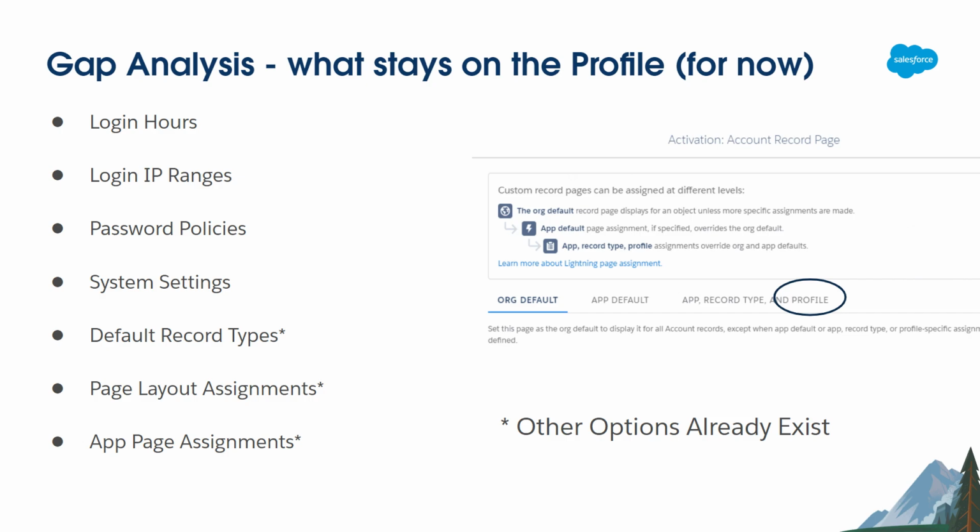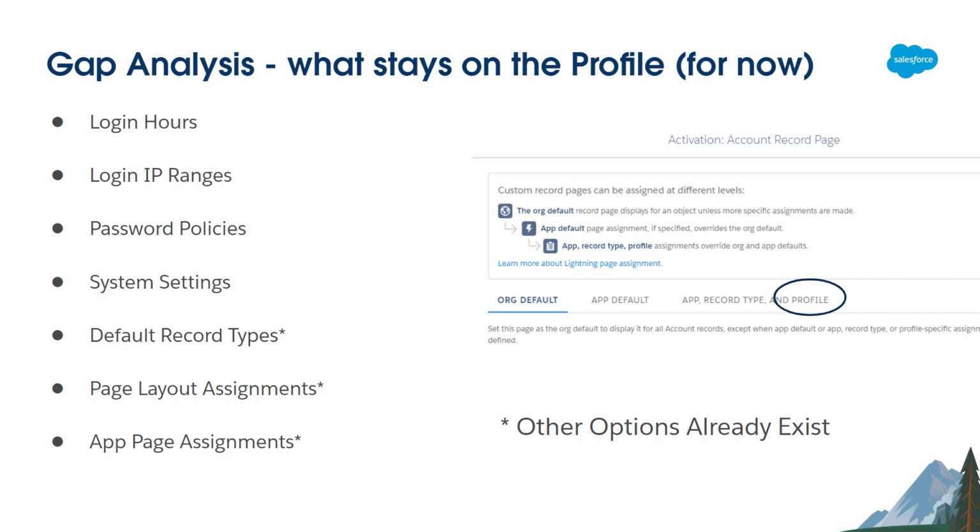Page layout assignments, I probably already hinted at the solution for that. With dynamic forms now, do we really need page layout assignments by profile? Because we could use dynamic forms and make those different field sections conditional and so forth. So there is already a technical solution there for sure.